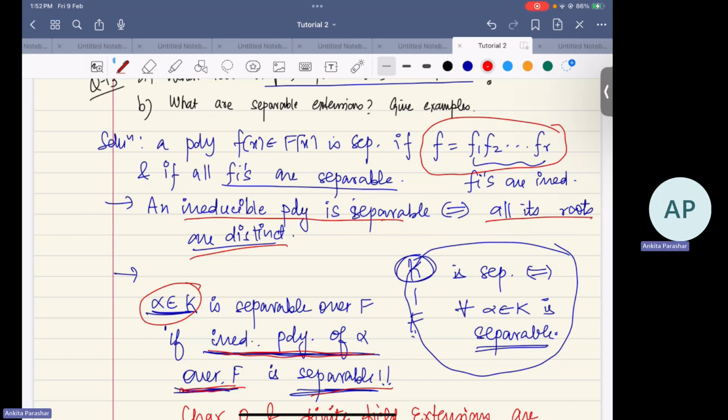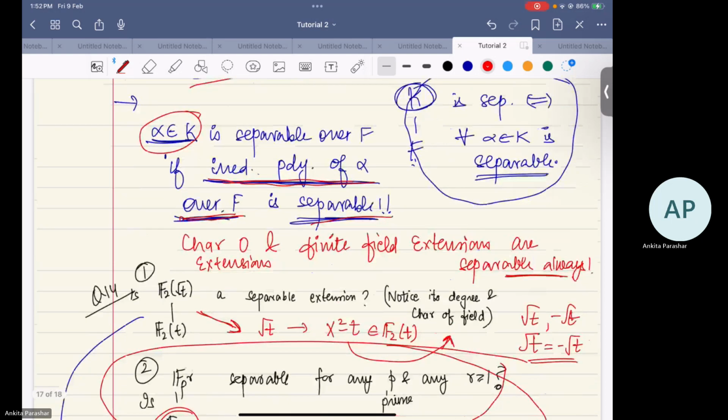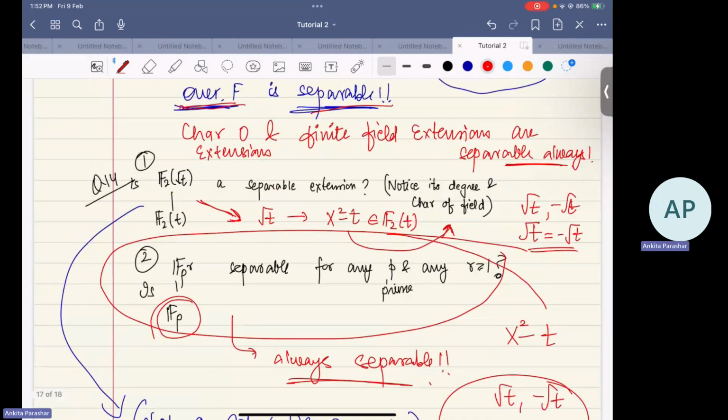Now examples. We saw that this extension at least was separable. Why? Because any element of F_{p^r} will satisfy this polynomial, and you can check that none of the roots are multiple roots.